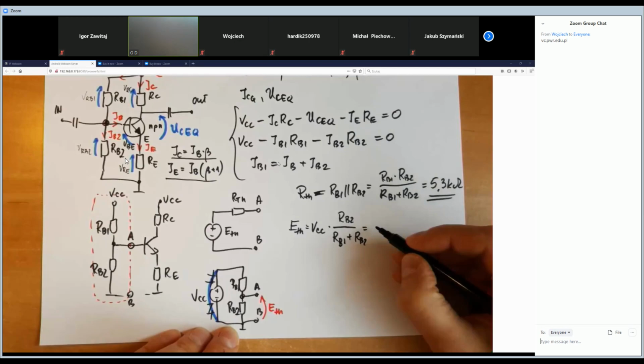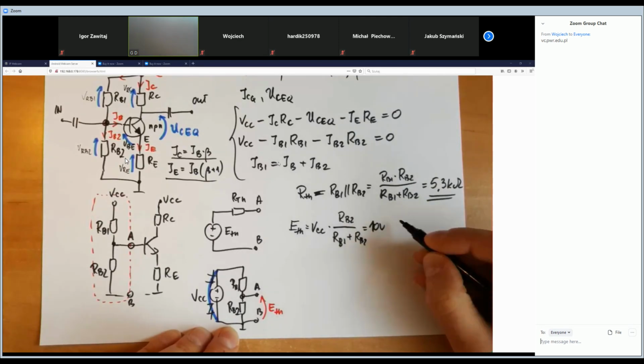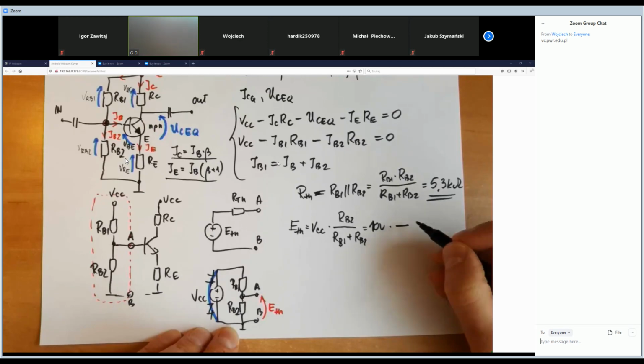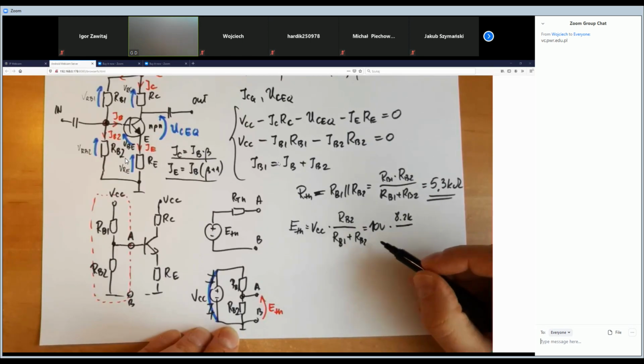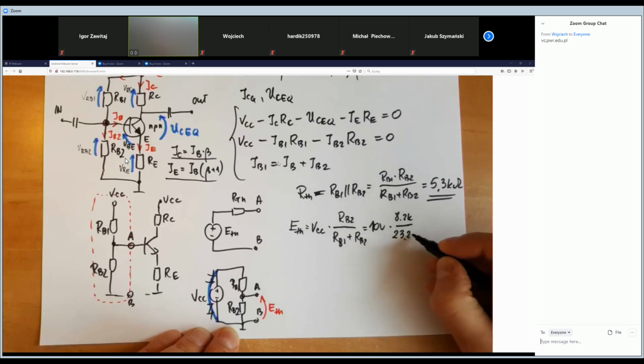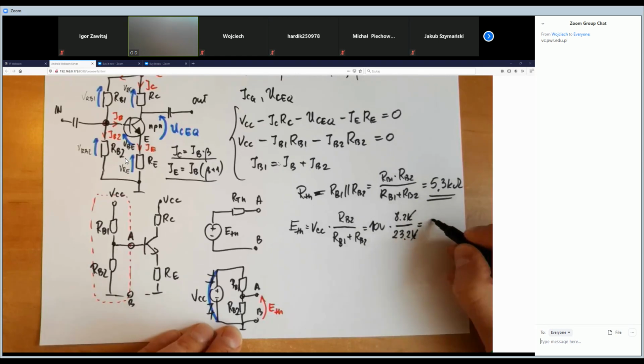Okay, so this is 10 volts times 8.2K over the sum of these two resistances, so 23.2K. The kilos will be reduced. So it gave us around 3.53 volts.